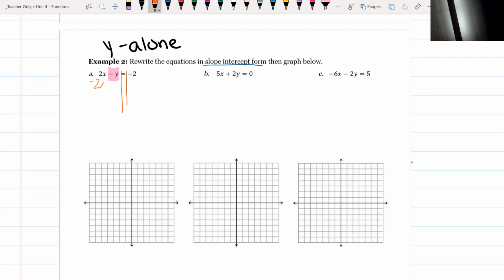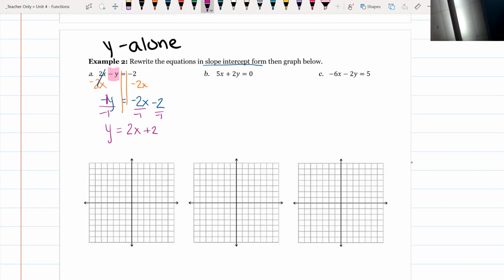I have to subtract 2x. Now I have -y equals -2x minus 2. Is -y the same thing as a positive y? No, so we have to divide everything by -1. That gives us y equals 2x plus 2. And then we just graph from there.